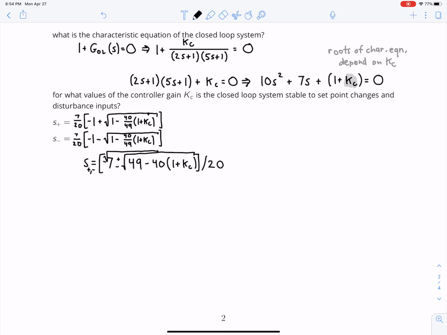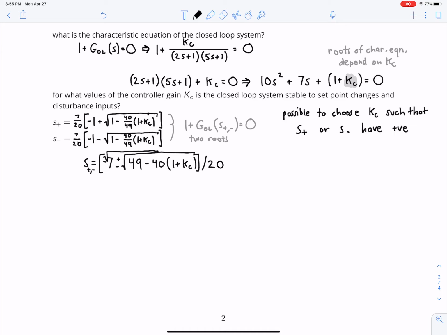All right. So now the question is, and I'll write just to clarify what these mean, 1 plus G open loop at s plus or minus equals 0. That's a way to denote both of them, so there are two roots. And the question is, can any of these roots have positive real parts? Is it possible to choose Kc such that s plus or s minus have positive real parts?